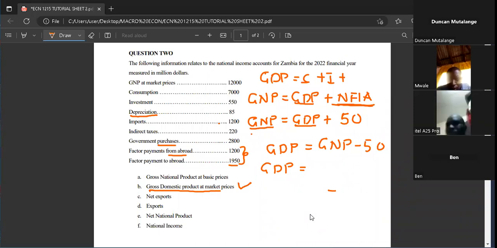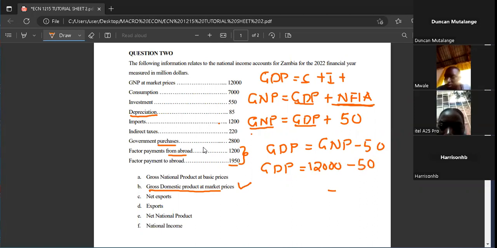You're making GDP the subject of the formula. We are calculating together here. Our GNP here is 1,200, isn't it? So you get your 1,200 minus the 50. So our GDP will be equal to what?